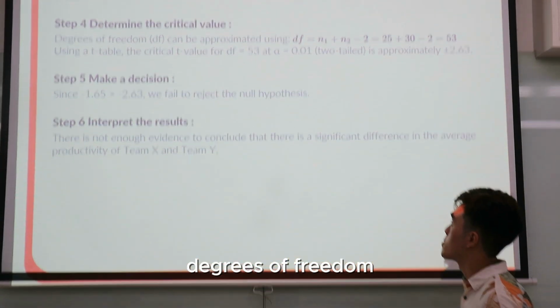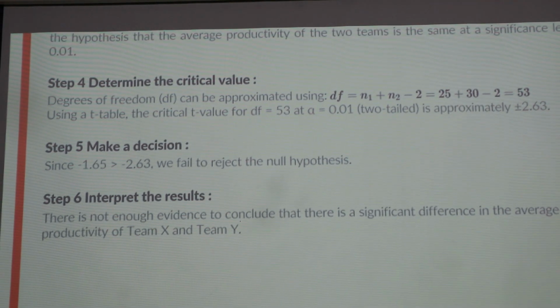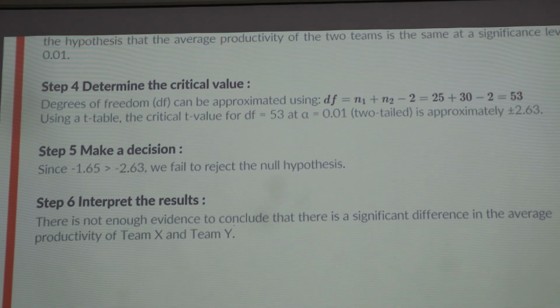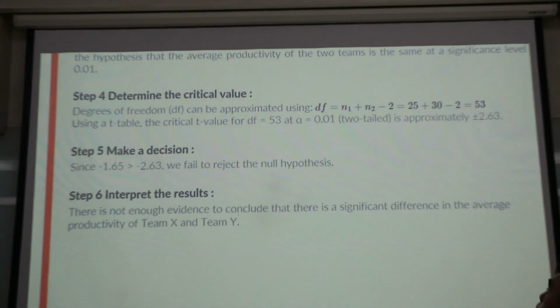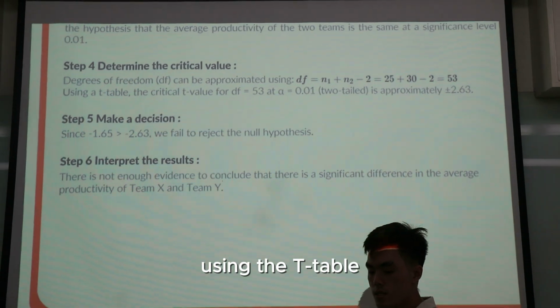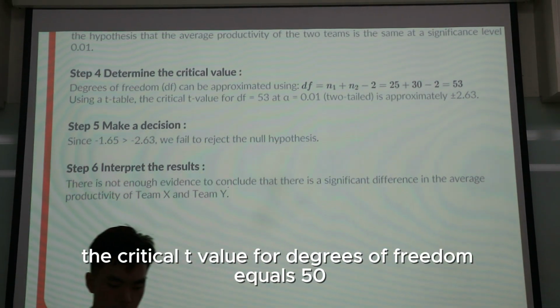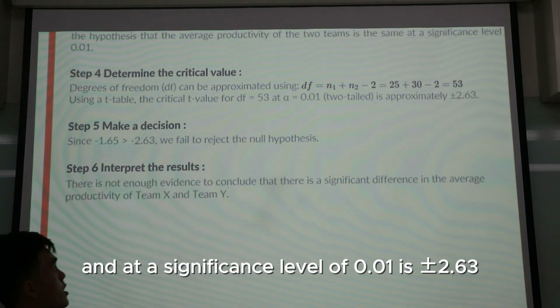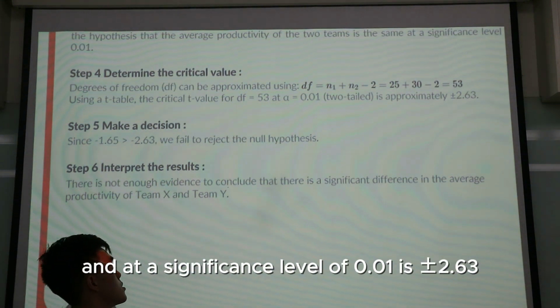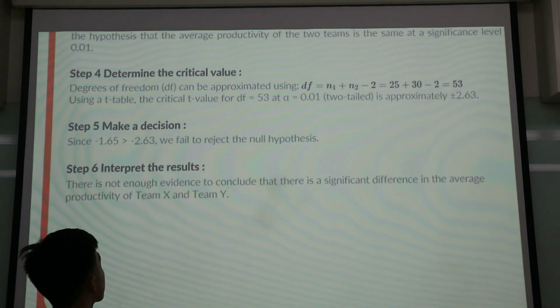Degrees of freedom can be approximated using df equals n1 plus n2 minus 2 equals 25 plus 30 minus 2. It becomes 53. Using a t-table, the critical t-value for degrees of freedom equals 50 and at a significance level of 0.01 is approximately 2.63.